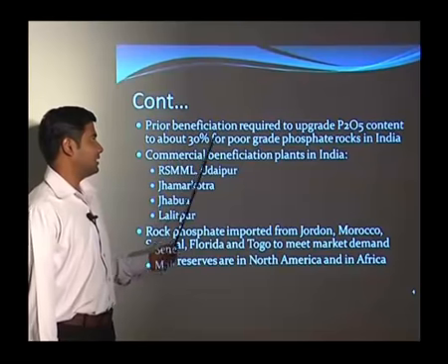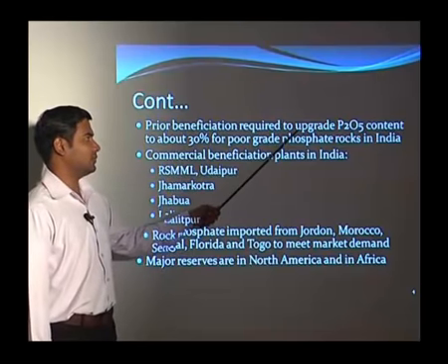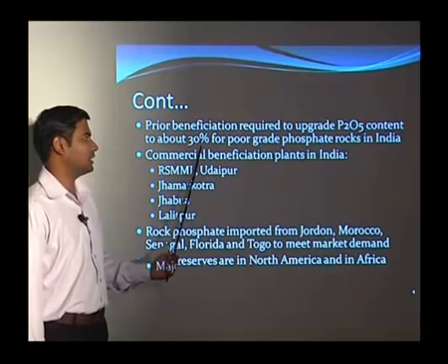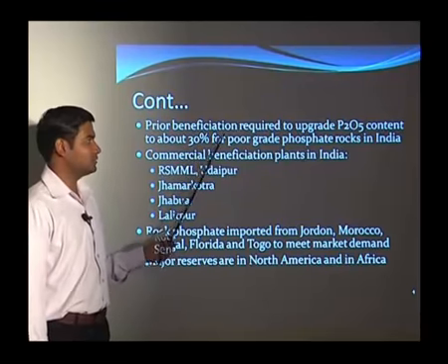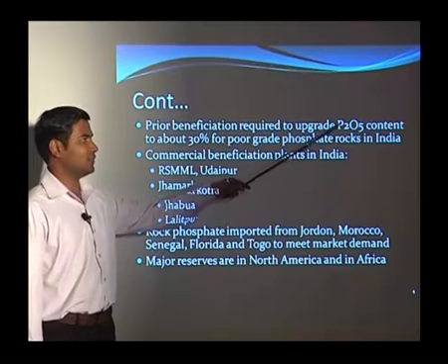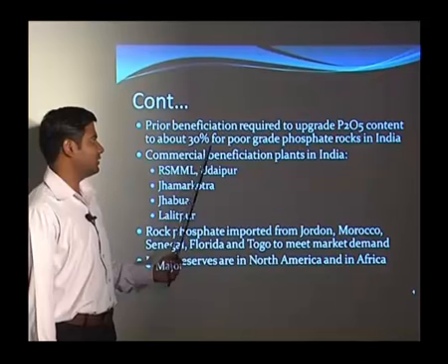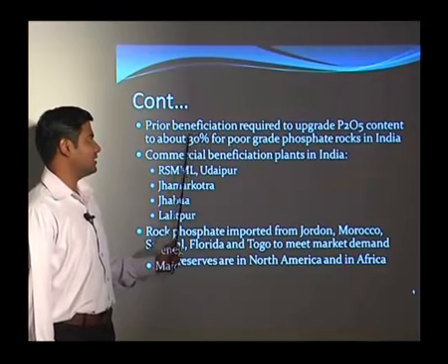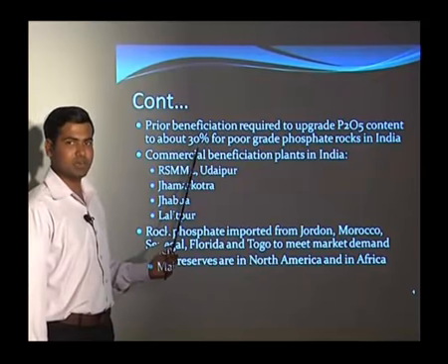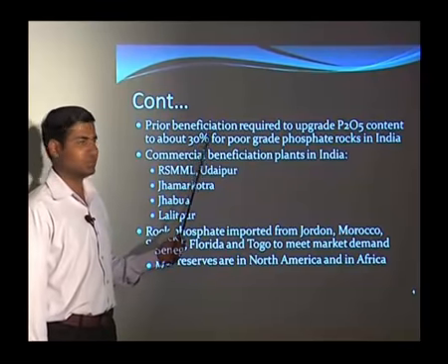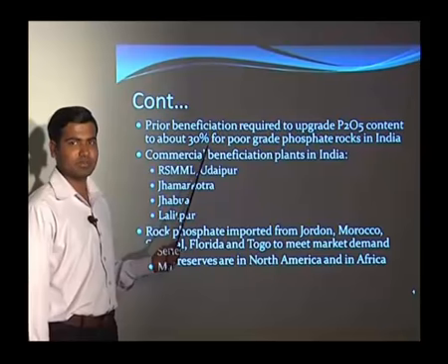Beneficiation is required to upgrade the phosphorus pentoxide content to about 30% for poor grade phosphate rocks in India. Suppose the percentage of phosphorus pentoxide is less than 30%, what will we do? We will use a method that makes the percentage more than 30%. We have seen the beneficiation method earlier also, to increase the percentage of phosphorus in it.